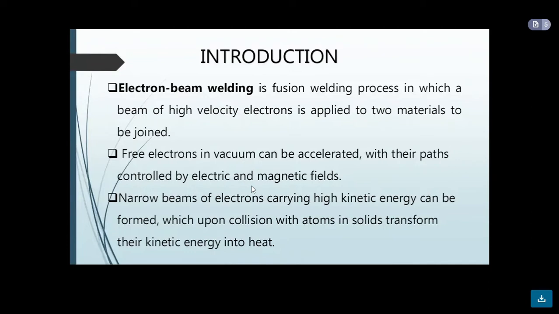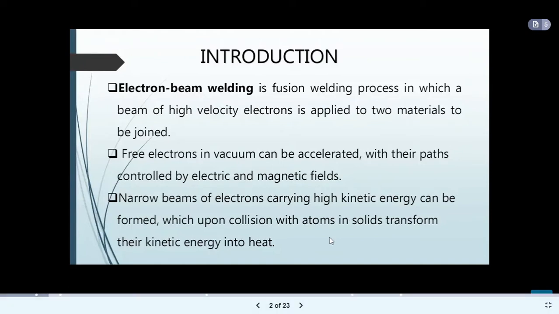So this principle is used here. First step is to generate the electrons, then these generated electrons get accelerated, meaning they gain high velocity, and after that they need to be focused on one point. These three steps will be done in an electron beam welding process.